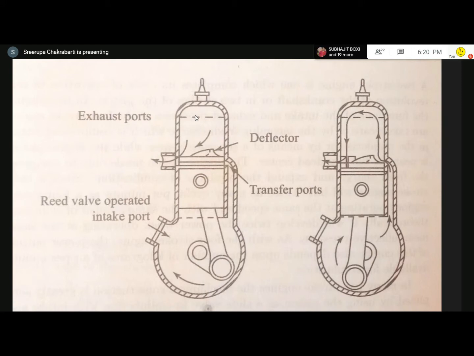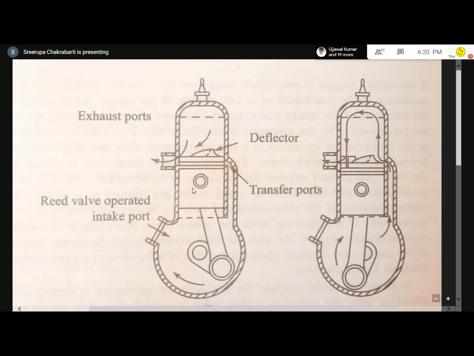The first thing that we can see is, let us say that the piston is moving upward, right?